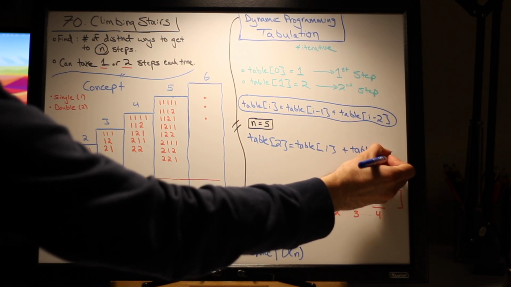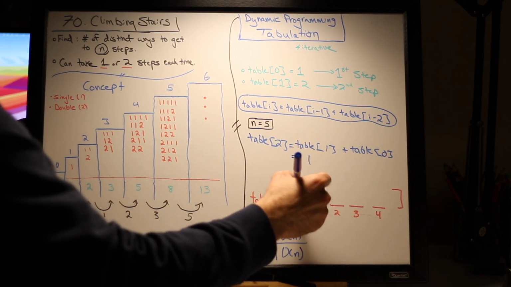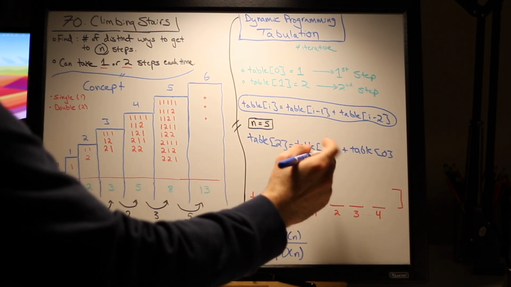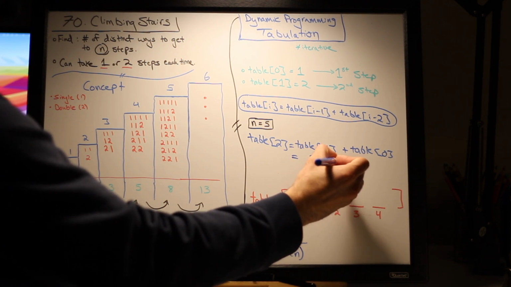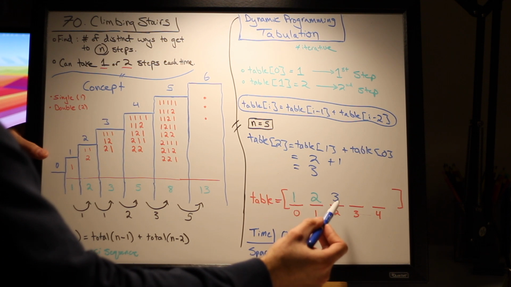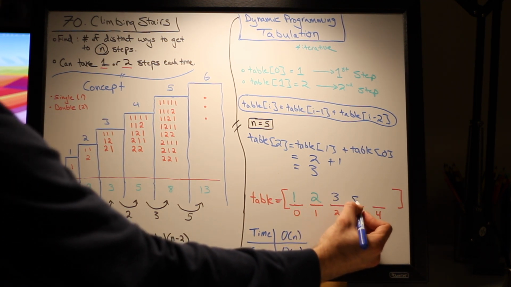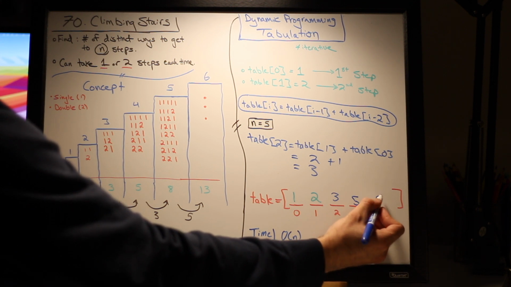These are just equal to 1 and 0, or sorry, 2 and 1, my mistake, and that's equal to 3. And that's correct. And now the next number in the sequence is going to be the sum of the two previous, so that's 5, and then 5 plus 3 is 8.